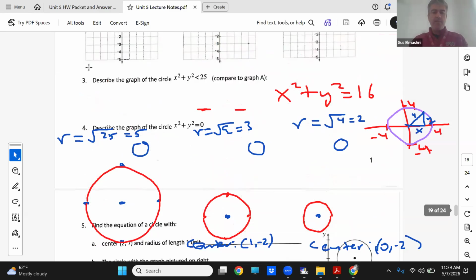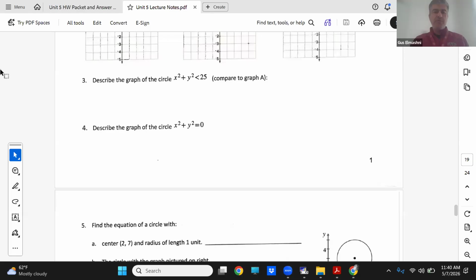Let's now talk about 3 and 4. Let's do a description here. So describe the graph of the circle. What this is going to be is a shaded region with a dotted boundary.